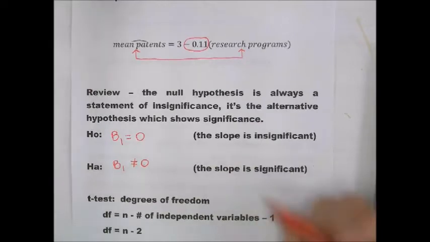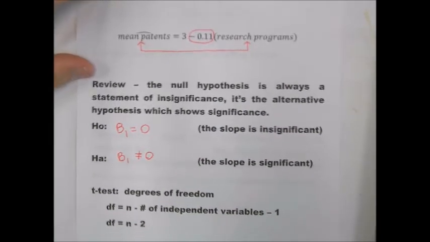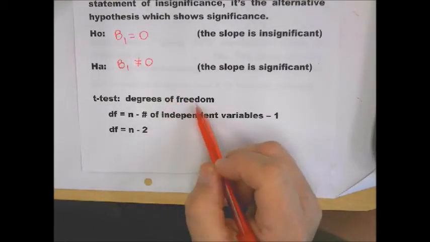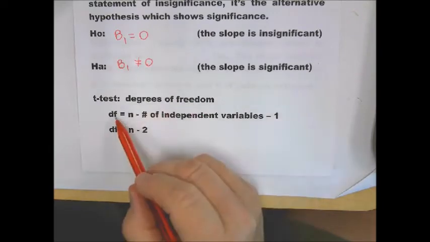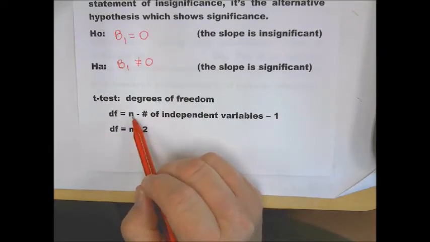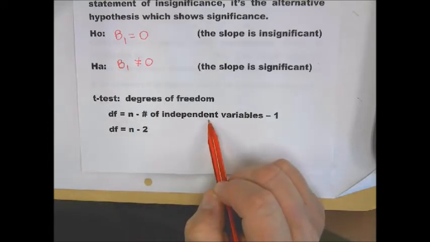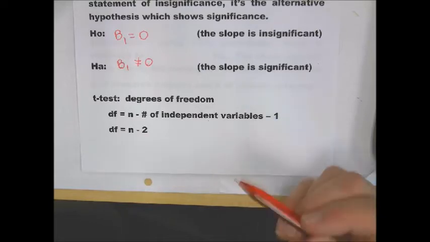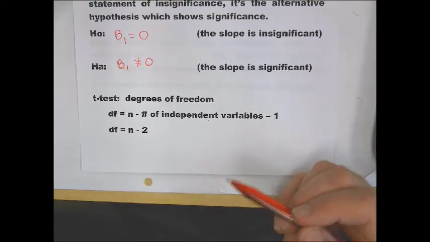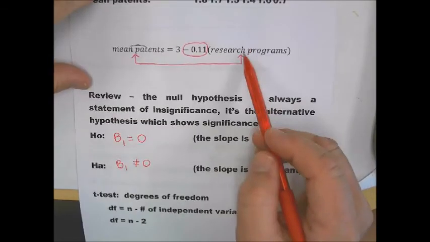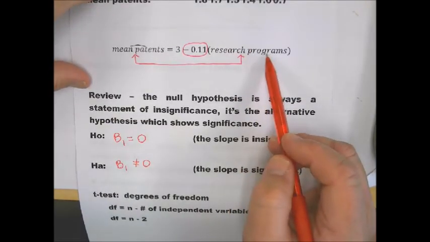Now remember, we're going to be on the t-curve, and so we're doing a t-test, and anytime you're on a t-test, you need degrees of freedom. So technically speaking, the degrees of freedom equals the sample size minus the number of independent variables in the equation minus 1. But for our purposes, we are going to limit our analysis always to just one independent variable, like this right here.